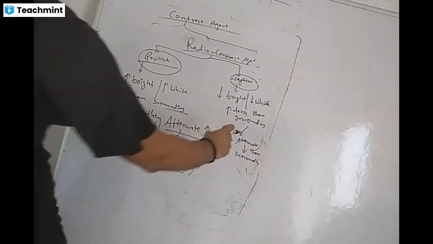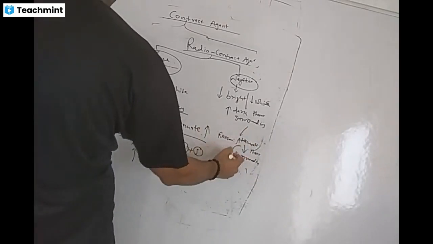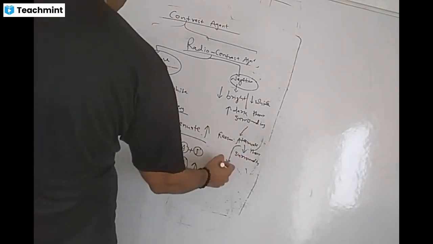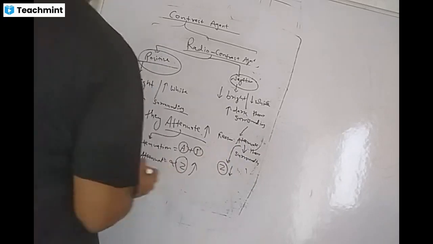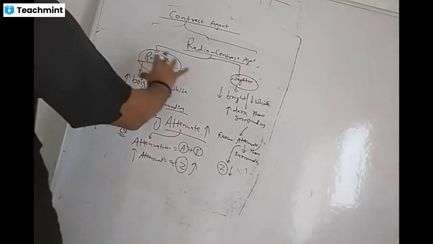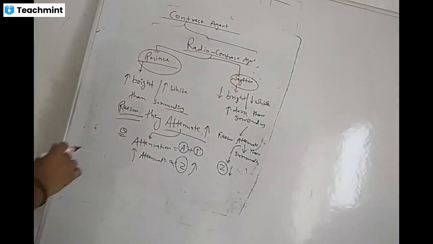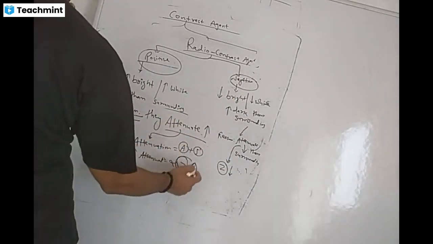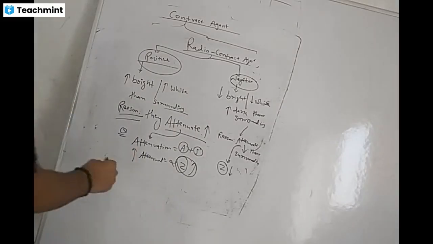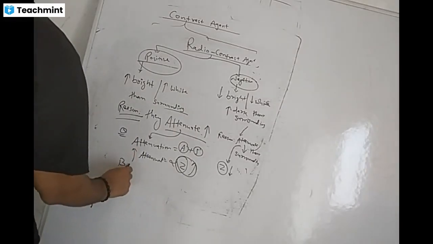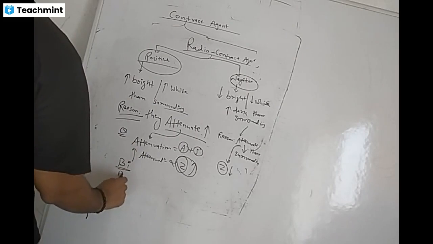Next question, why do they attenuate less? Because they have a lower atomic number. So some attenuate more, some attenuate less. This depends on atomic number. For example, the first agent was bismuth, then we came with barium, then iodine.